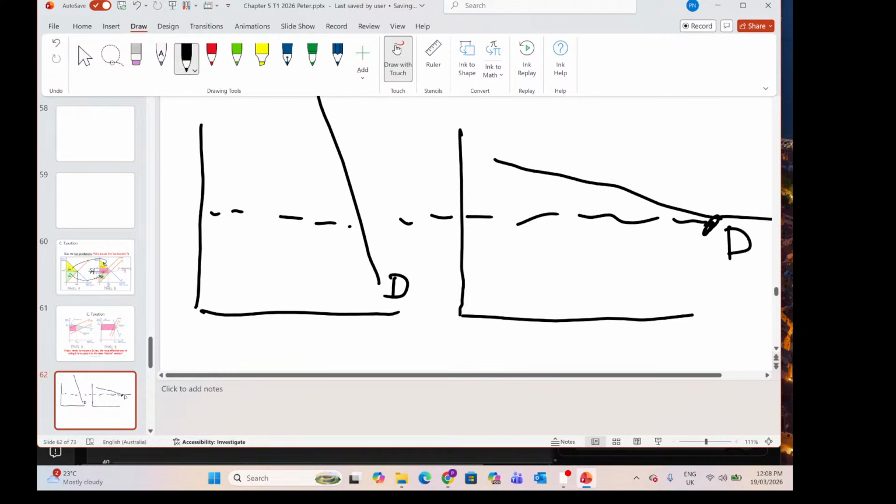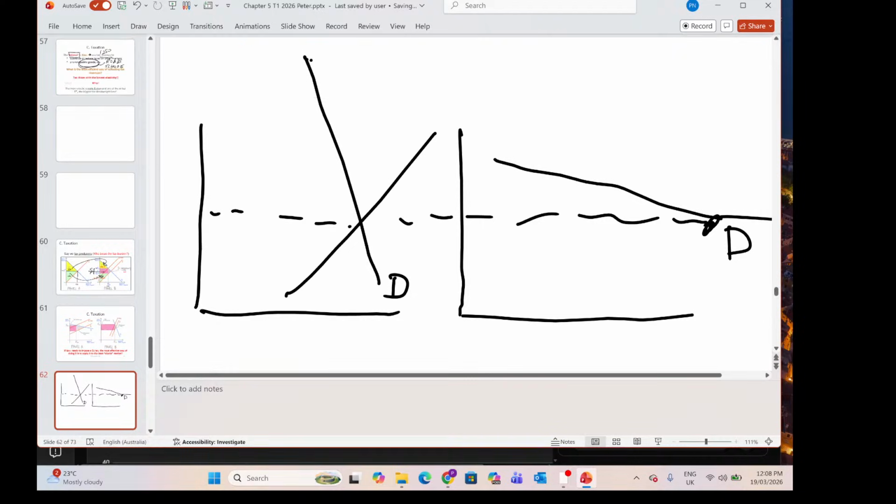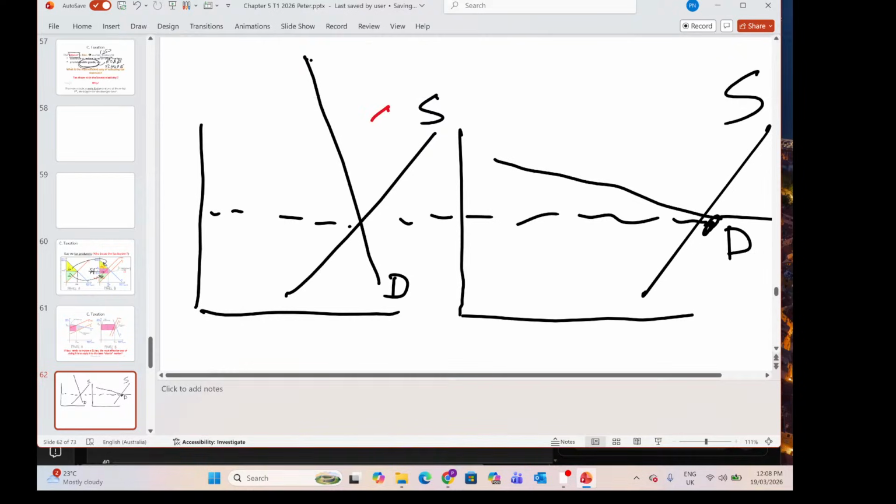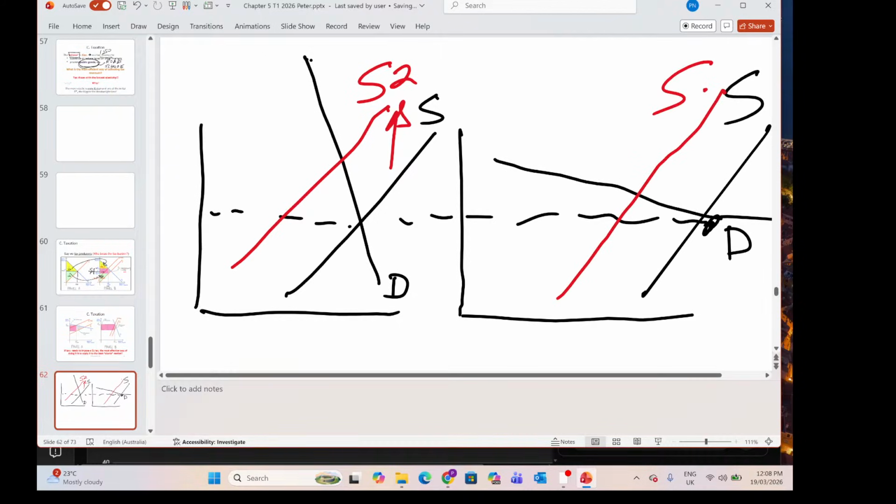They both have a similar looking supply curve, a similar slope on their supply curve, a similar elasticity on their supply curve. And the government imposes the same tax on both products. So there's the supply curve moving up, and on the right-hand side, I'm going to try and get the supply curve moving up by roughly the same amount.